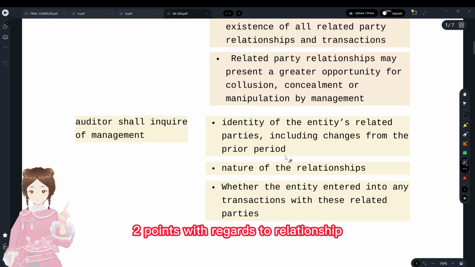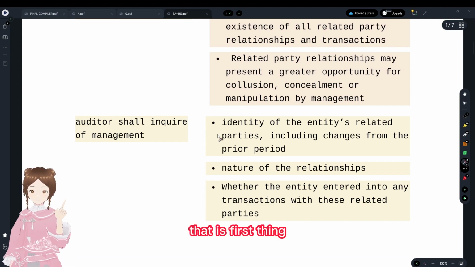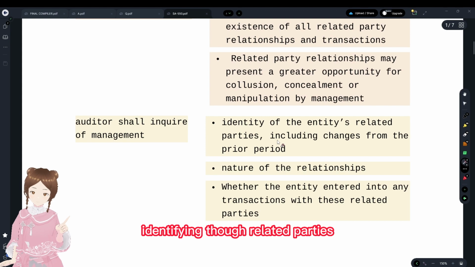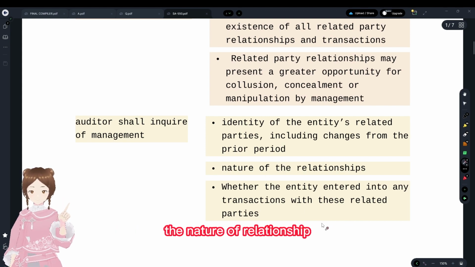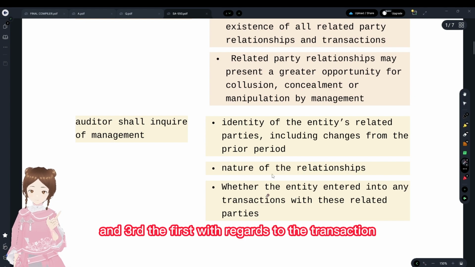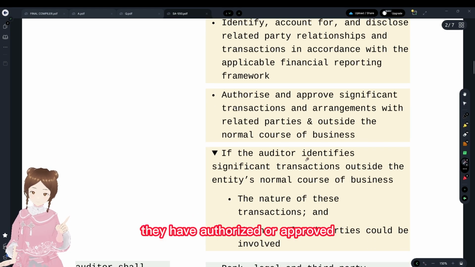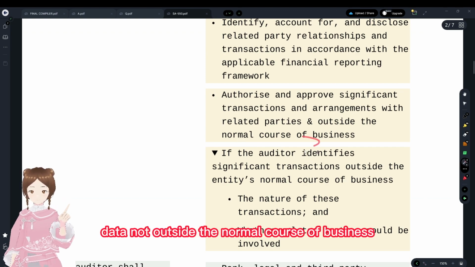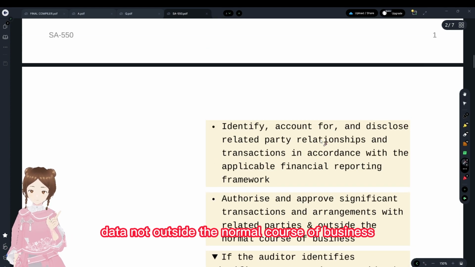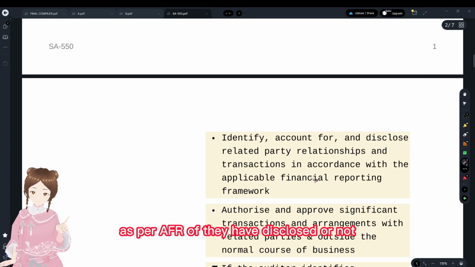Two points with regards to relationships and two with regards to transactions. First, identifying the related parties with regard to any changes from the prior period. Second, the nature of the relationship. And third, with regards to the transaction, whether they have entered or not. Then, whether they have authorized or approved the transactions outside the normal course of business, and as per the AFRF, whether they have disclosed or not.